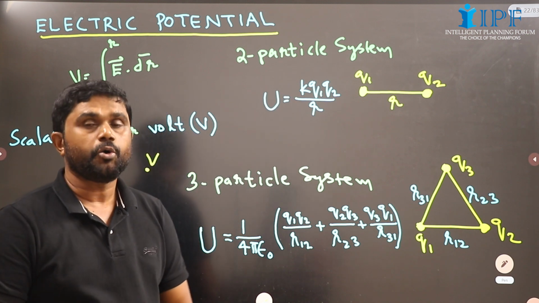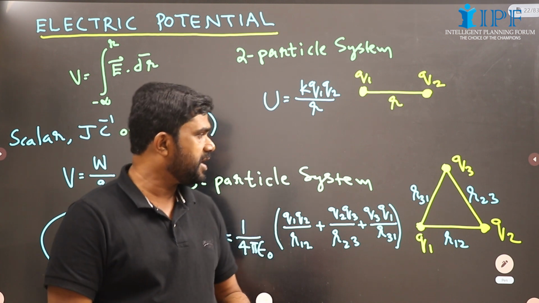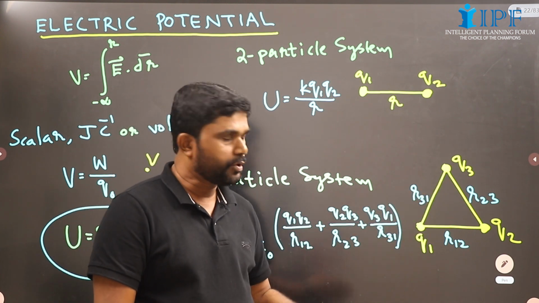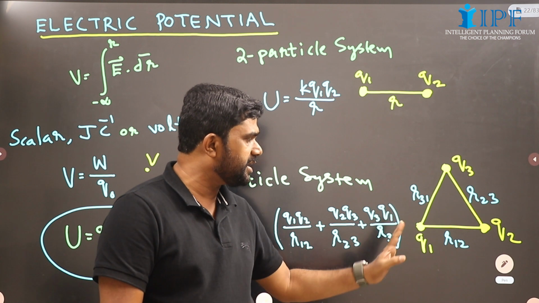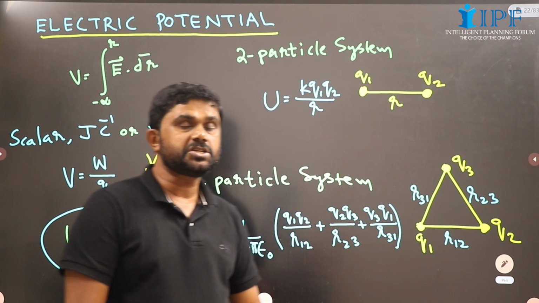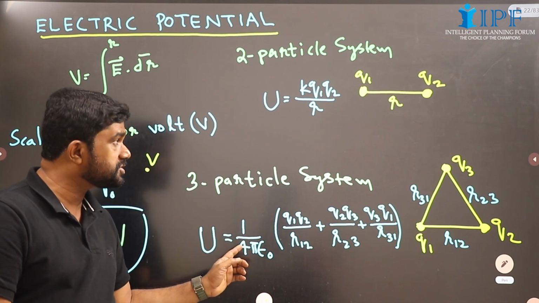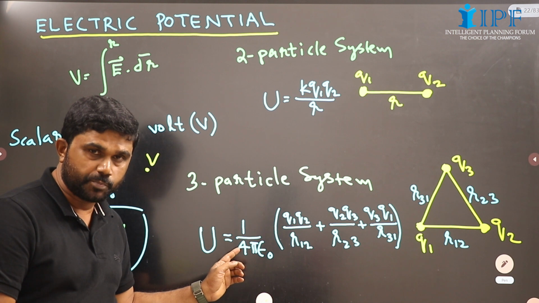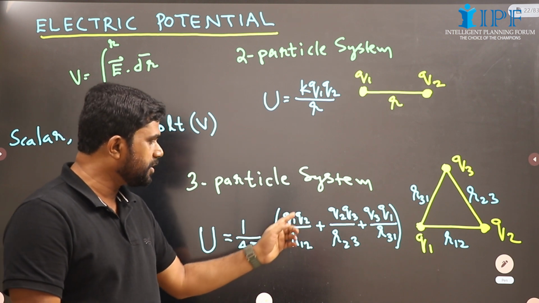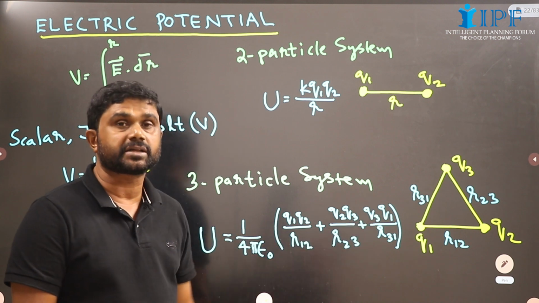Now let's consider a three particle system. Okay, we have Q1, Q2, Q3, and the separation between any two particles is also represented. So the potential energy of a three particle system is given by 1 by 4 pi epsilon 0, usually we represent by small k, then Q1 Q2 by R12 plus Q2 Q3 by R23 plus Q3 Q1 by R31.